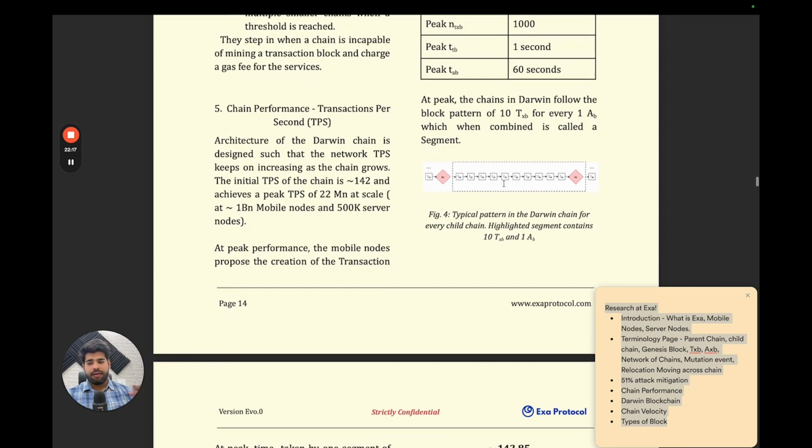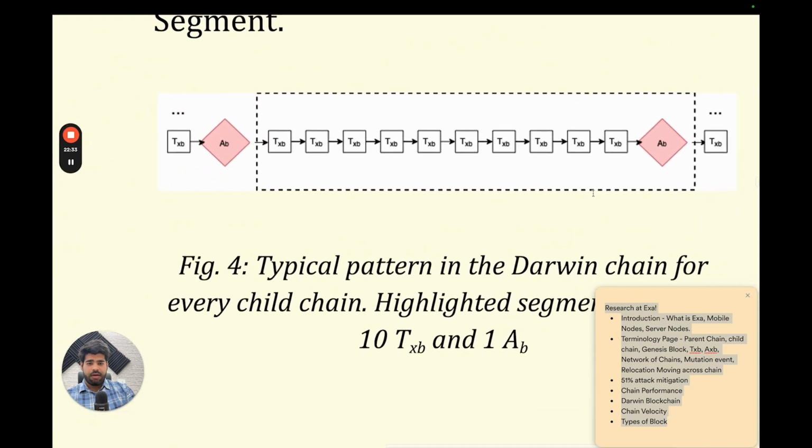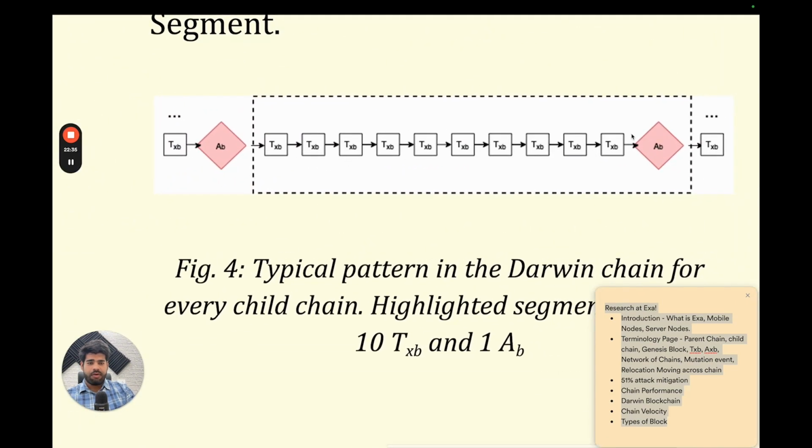Now when we talk about the peak performance of any child chain, the chains in the Darwin network follow a block pattern of 10 transaction blocks for every audit block, which is what it looks like over here. 10 transaction blocks followed by an audit block. This block pattern will be followed at peak.